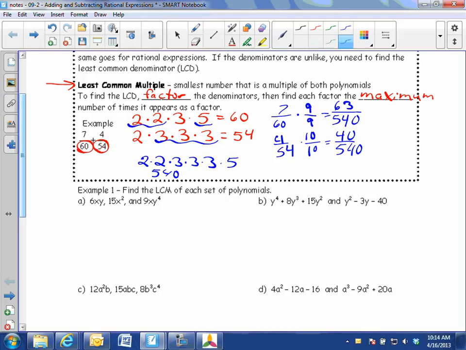Alright, so now our denominators are the same, they're both 540. That means we can add our numerators: 63 plus 40. So we get 103 over 540. Now, would you have to reduce if you could?